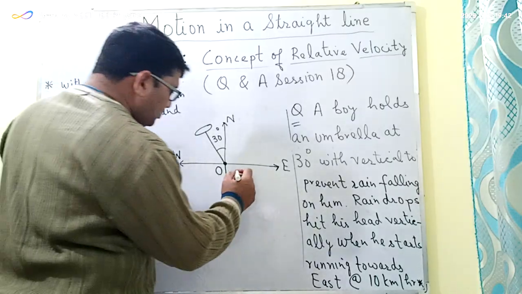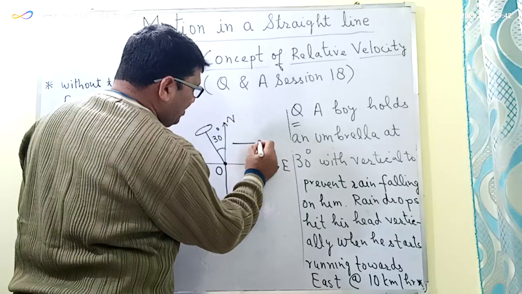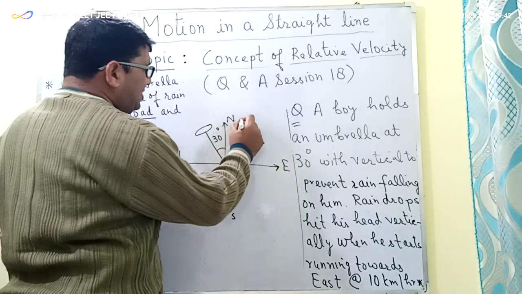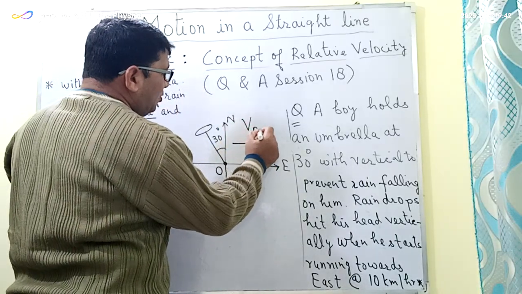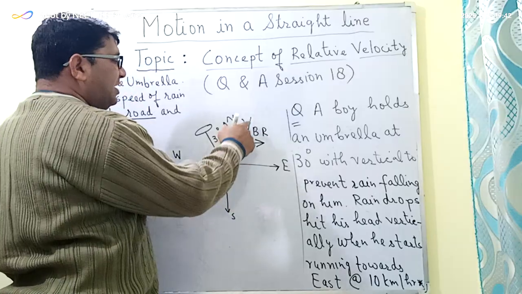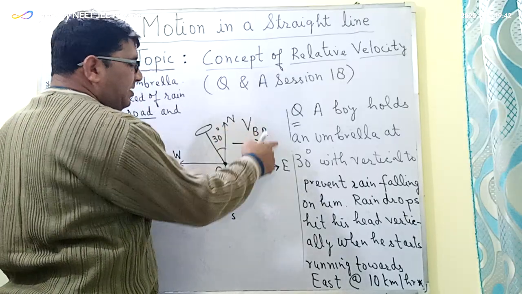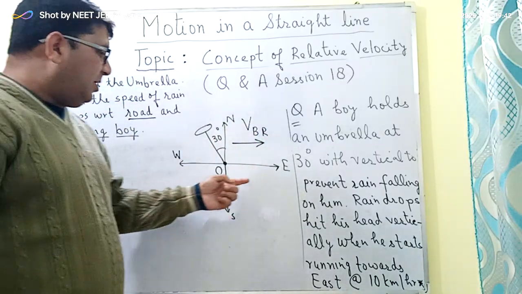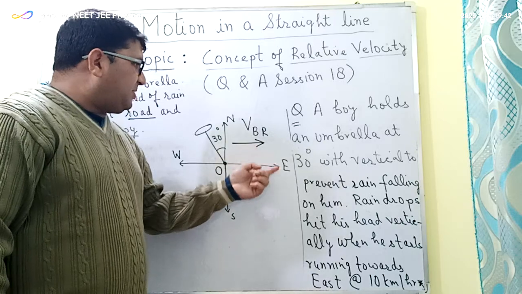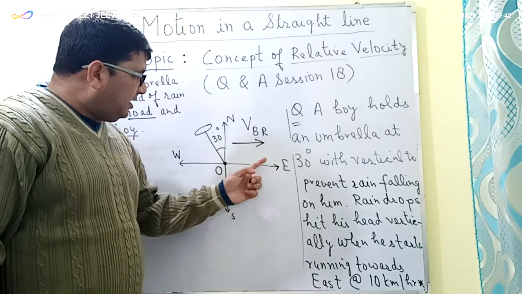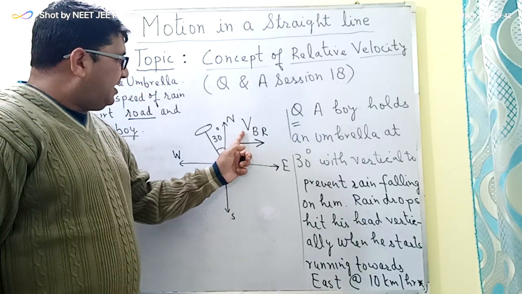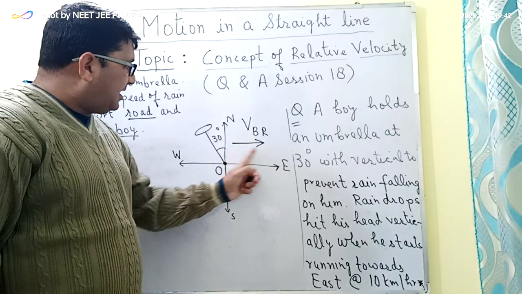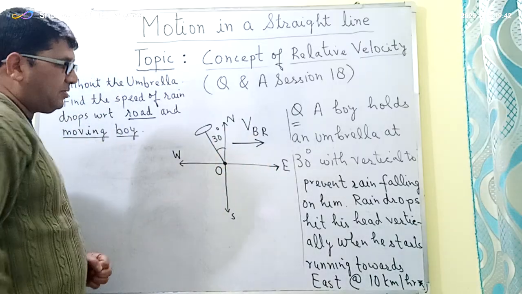So here the velocity of the boy with respect to the road, I'm just depicting here as VBR. So the velocity of the boy with respect to the road is denoted here as VBR, and its direction is towards the east as shown with this arrow.